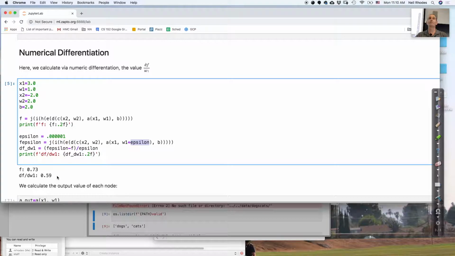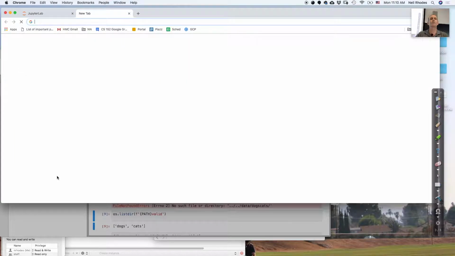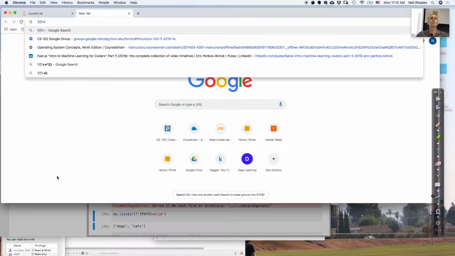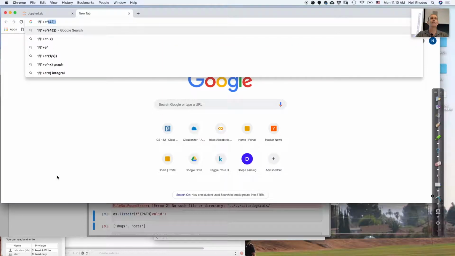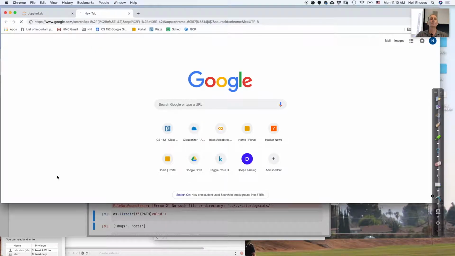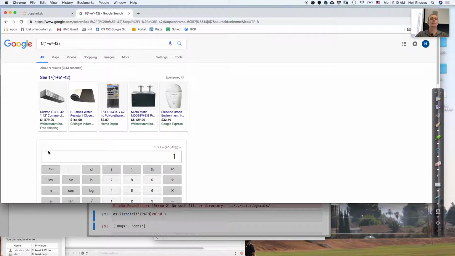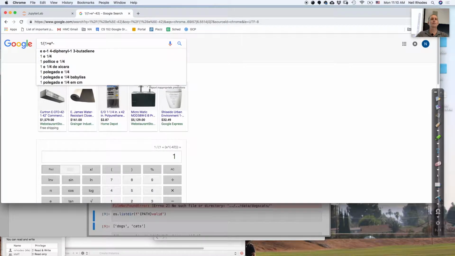And to tell you the truth, the first several times I did this, I usually used Google as my calculator. 1 over 1 plus e to the negative 42. And it usually works. Let's see.